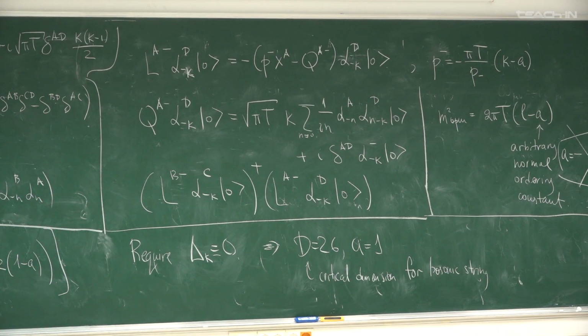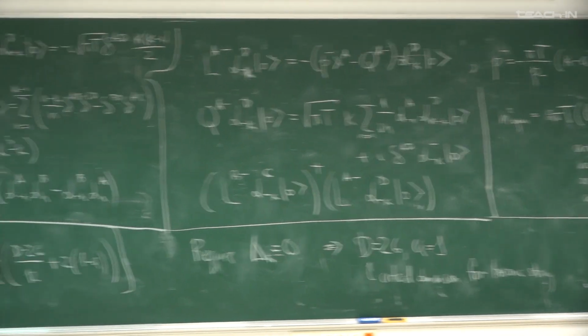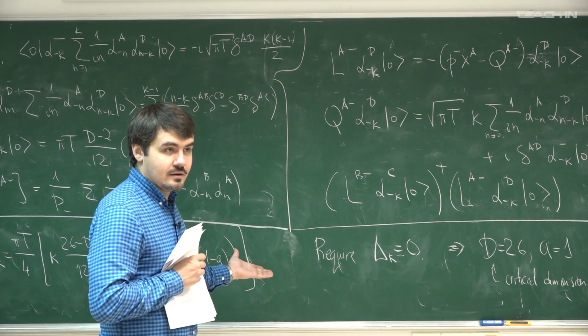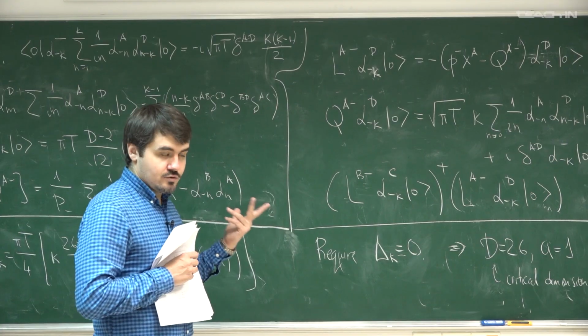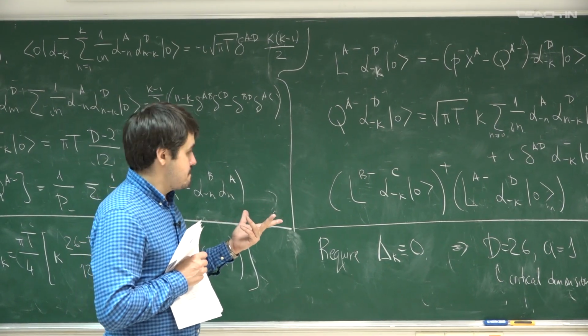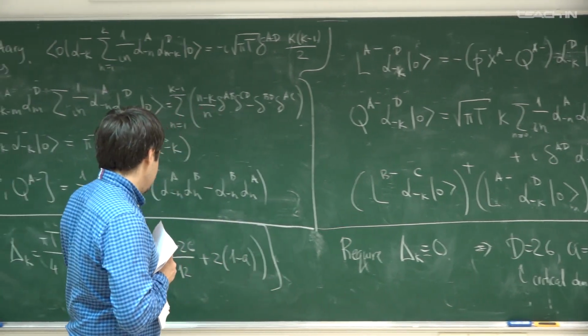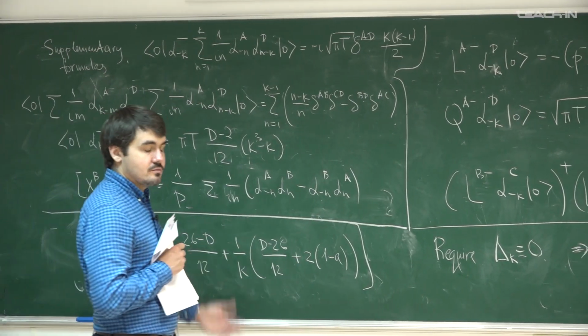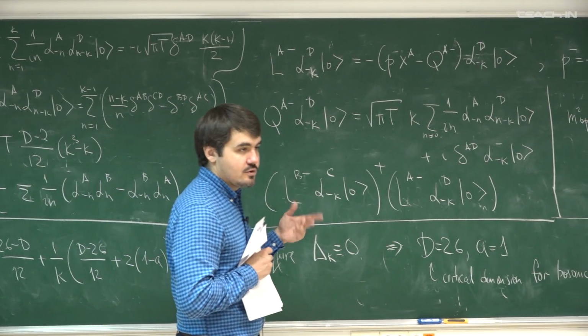And that I showed just on the previous slide, that this is equal to delta k up to some factor. So the delta k that we find is just this. It's just a long calculation where you have to be very careful.